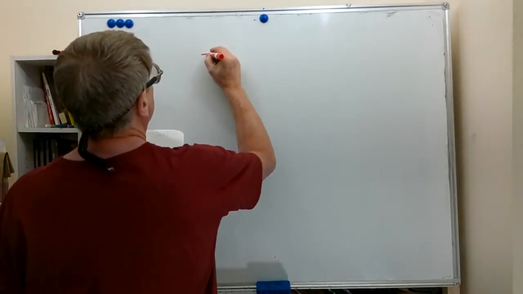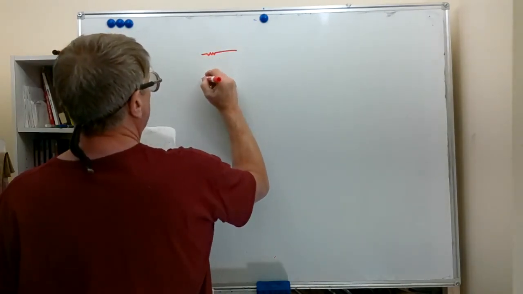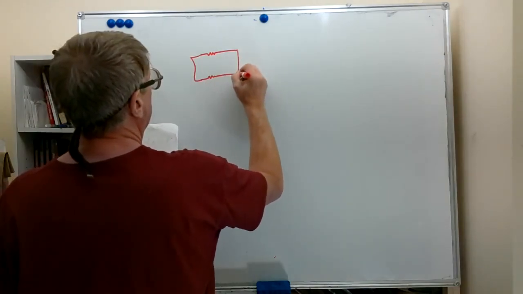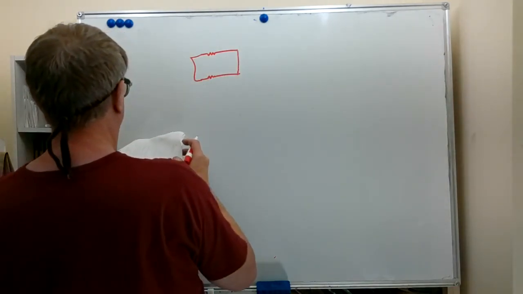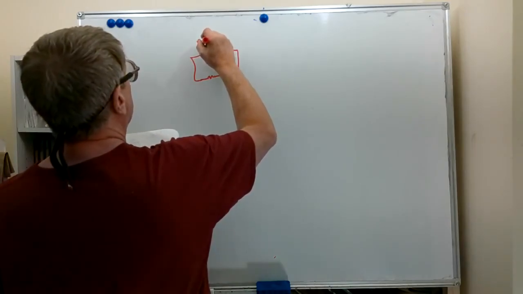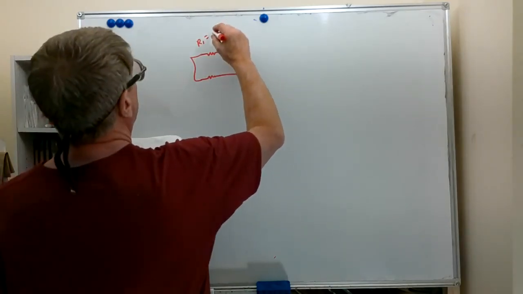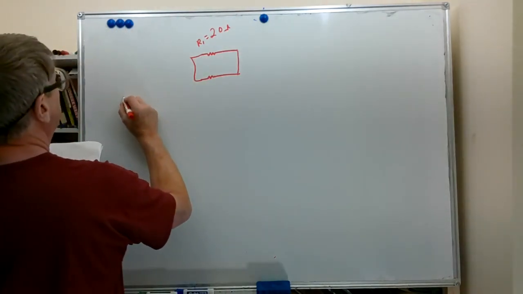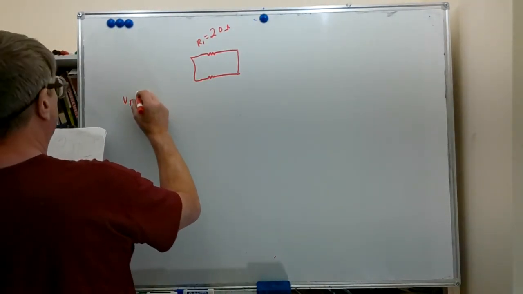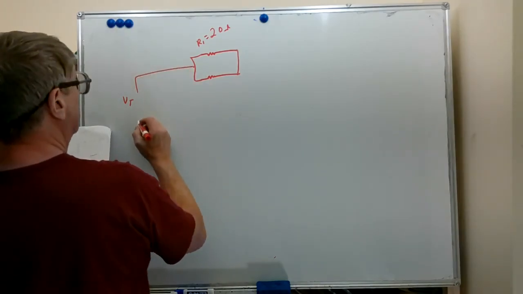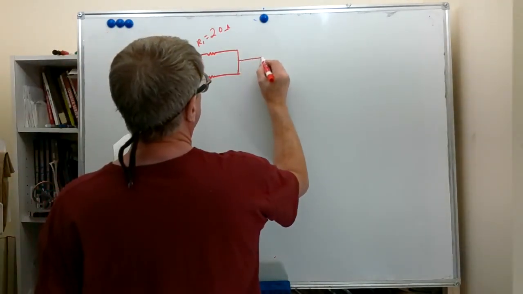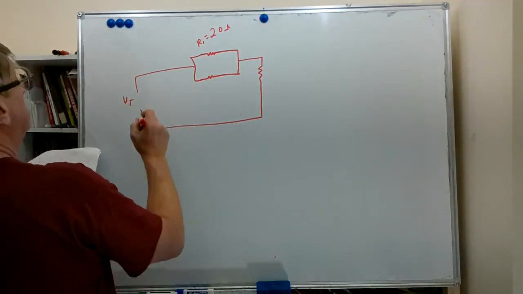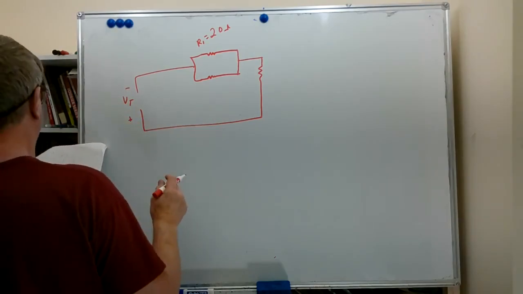We've got a couple of parallel resistors. And we have R1 equal to 20 ohms. We've got a voltage called VT, the applied voltage here. We have another resistor here. We're going to put polarities, negative and positive, on here.